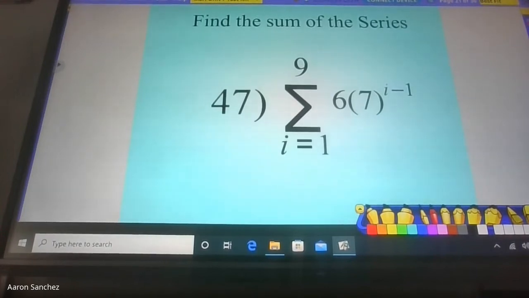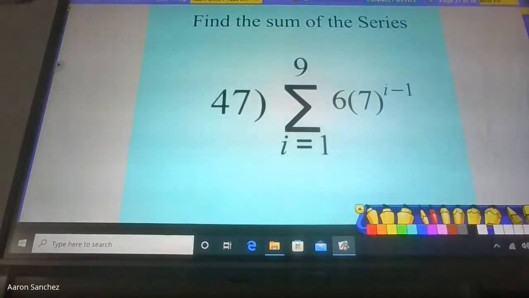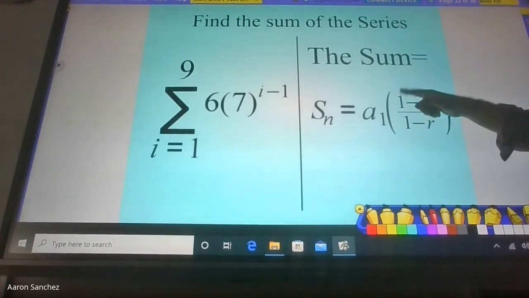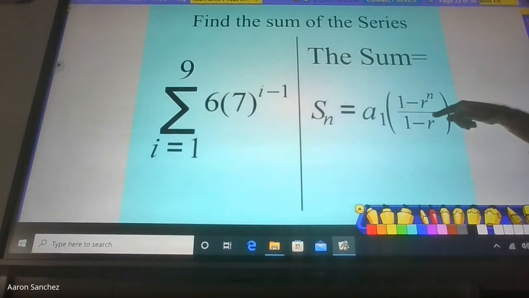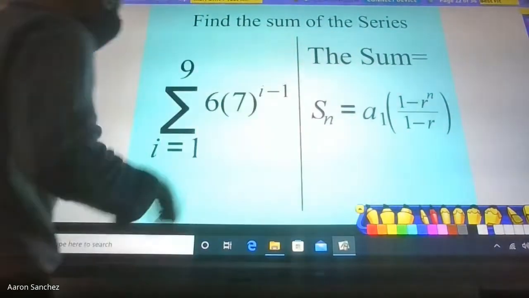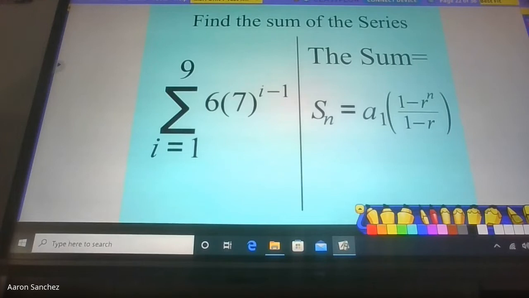Here's the formula for it. A sub 1 times 1 minus r to the n over 1 minus r. So to figure out a sub 1, you have to plug in 1 there, right?